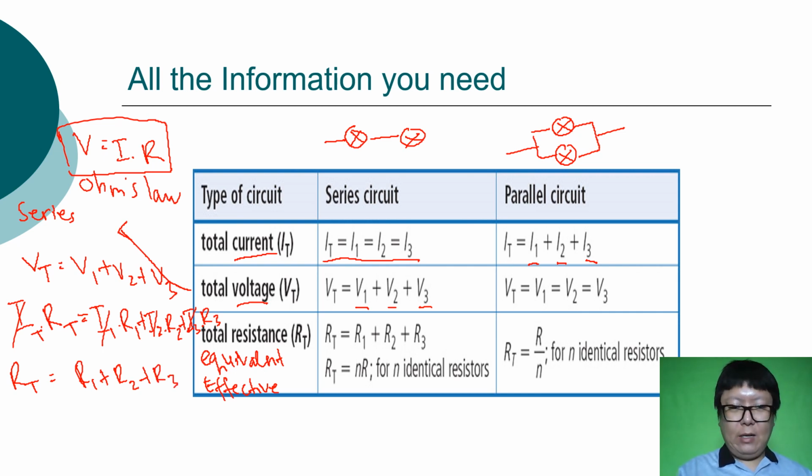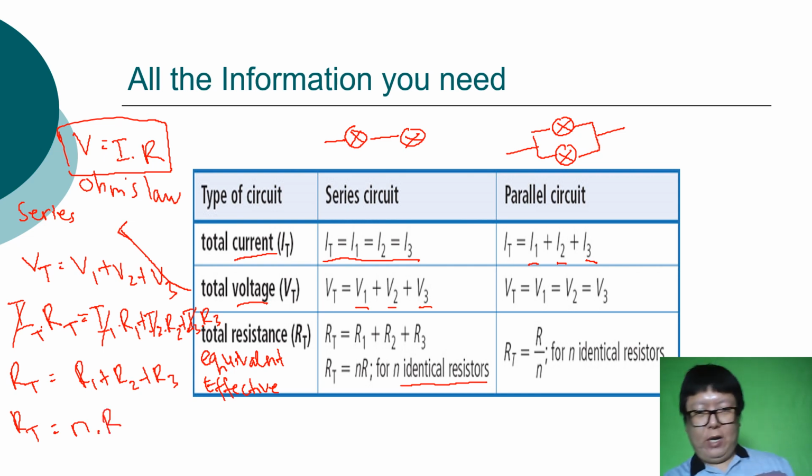Clear? So we can conclude that if all resistances are identical, then the R total will be N, the number of resistors, times the resistance of each resistor.